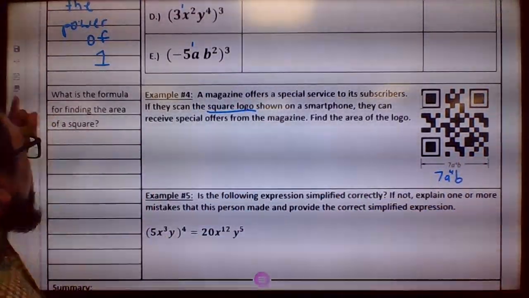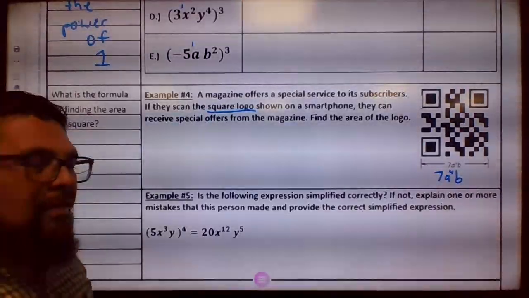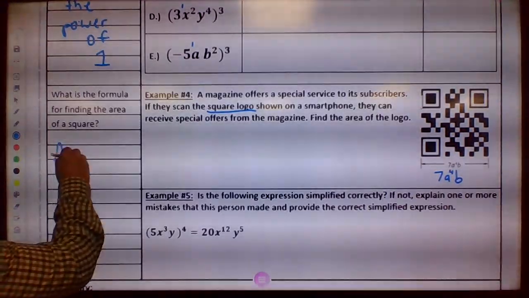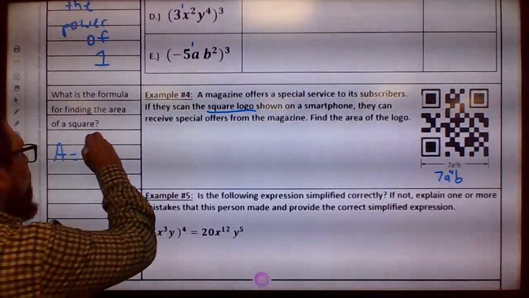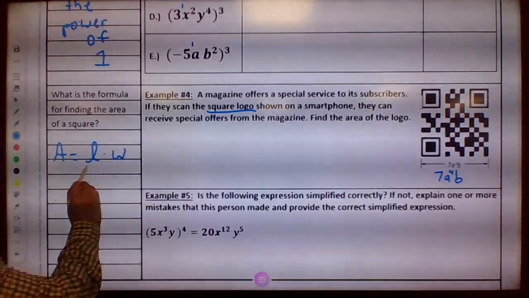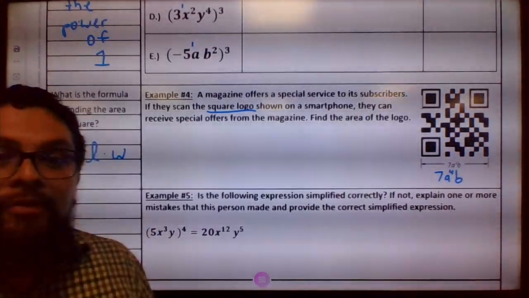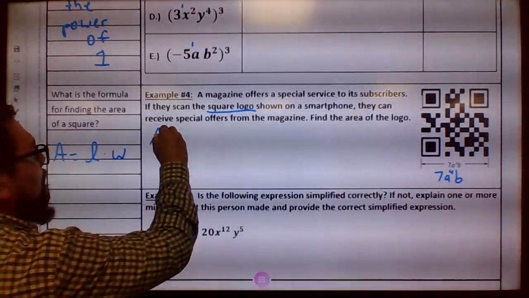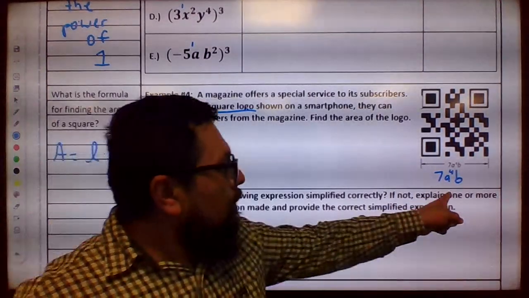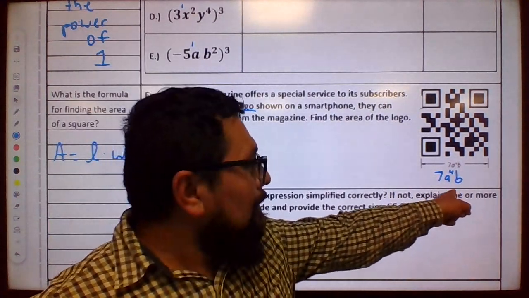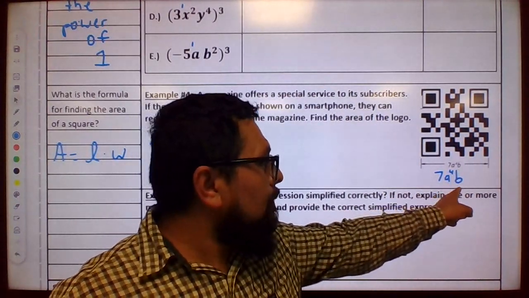First of all, what is the formula to find the area of a square? Good, length times width. Now this is cursive, okay guys? It's not an E. L times W. So A equals length times width. What's the length? In this case, it's 7 times a to the 4th times b.